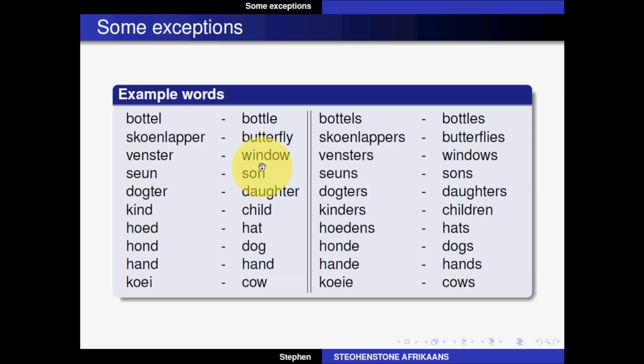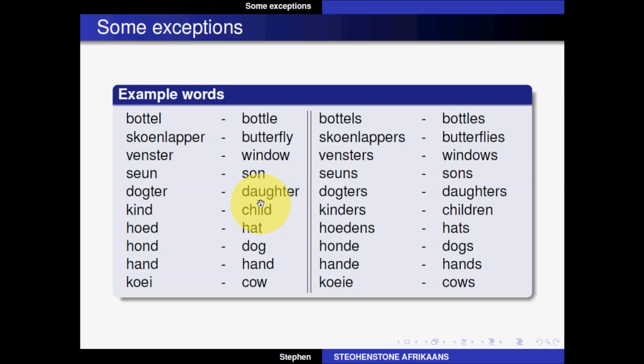The English word window translates to venster. The plural, windows, in Afrikaans is vensters. The word son in Afrikaans is seun. The plural, sons, in Afrikaans is seuns.